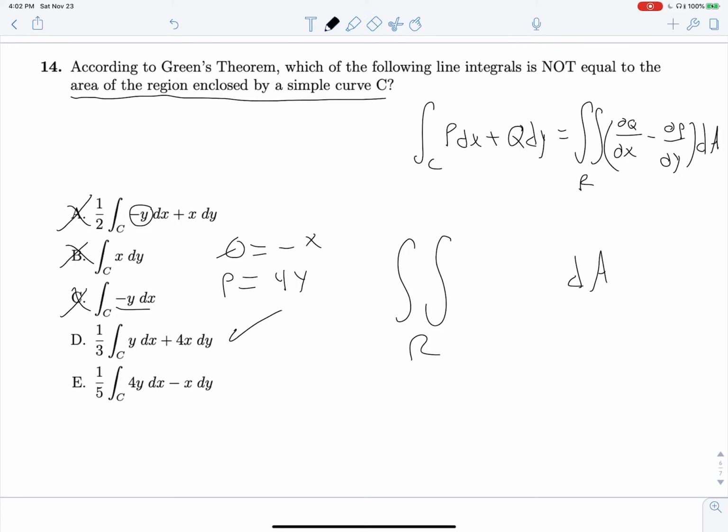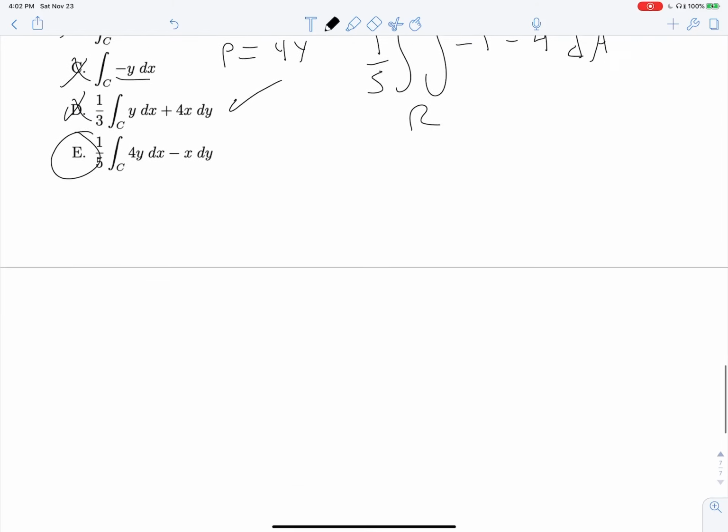So then applying partial Q partial x, we will get negative 1, and we get minus 4 for partial P partial y. Dividing that by 5 doesn't help because this is the negative area, which is nonsensical, and so this is the correct answer. So there we go.